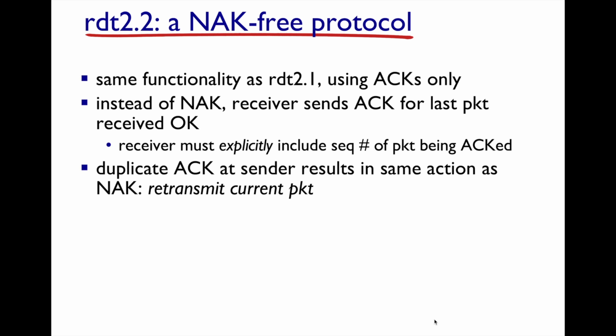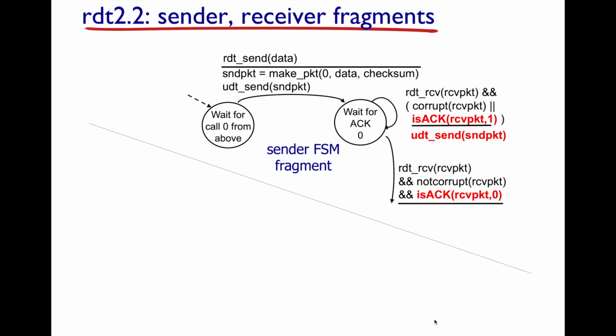Okay, so let's take a look at this. In this example in the book, they only give you half of the finite state machine for the sender and half for the receiver, because these finite state machines are symmetric. This is the finite state machine for the sender.